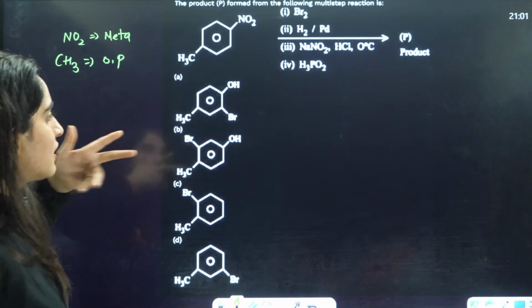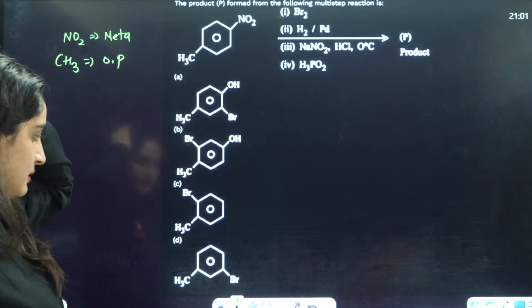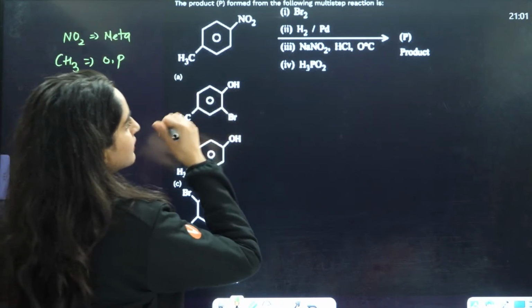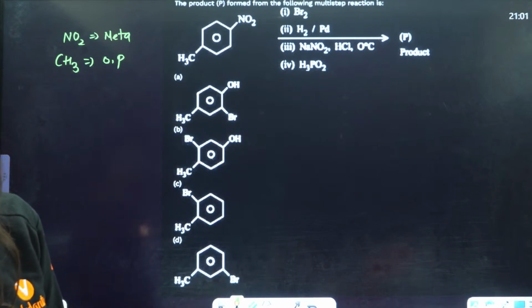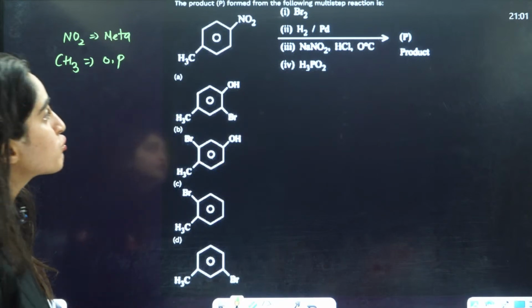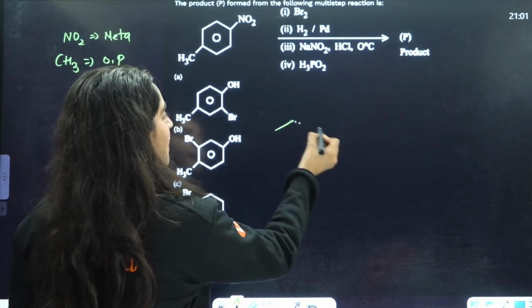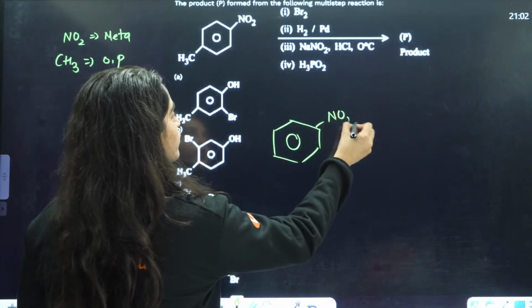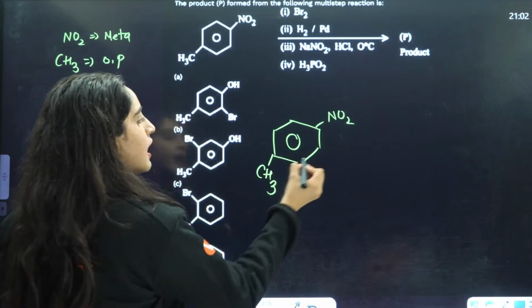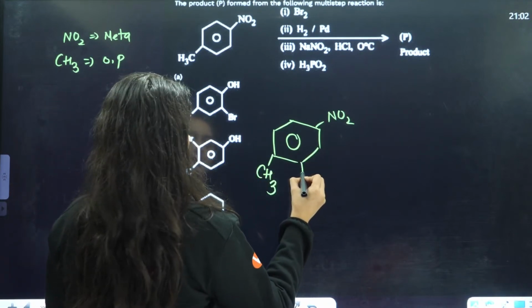Okay, I'll take it here only. So let's firstly solve this. Then you have H2/Pd. What will you do with H2/Pd? That is going to reduce it. So for example, here you have NO2, here this is CH3, and here you have Br.